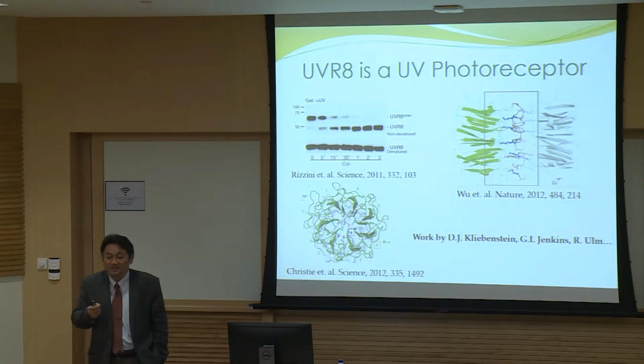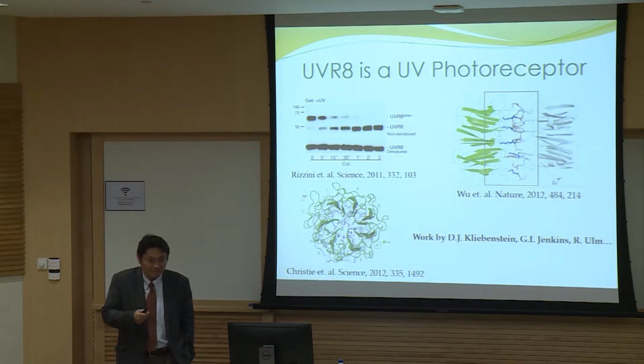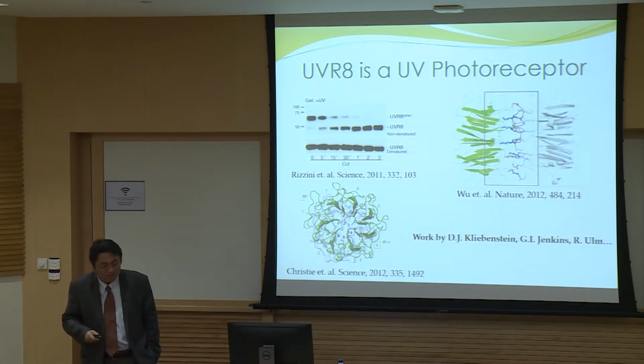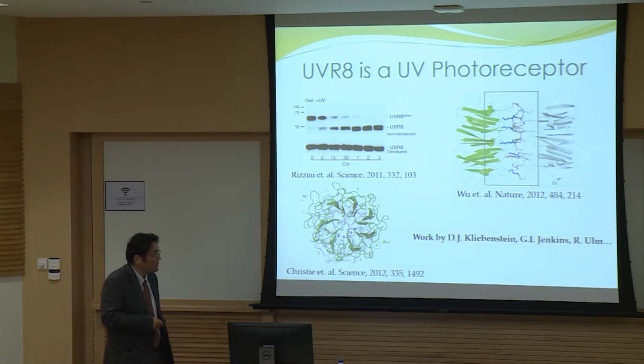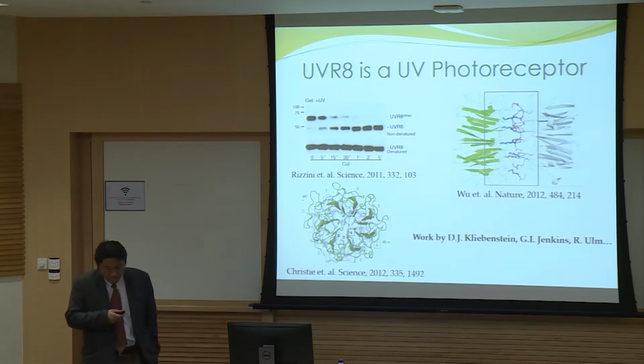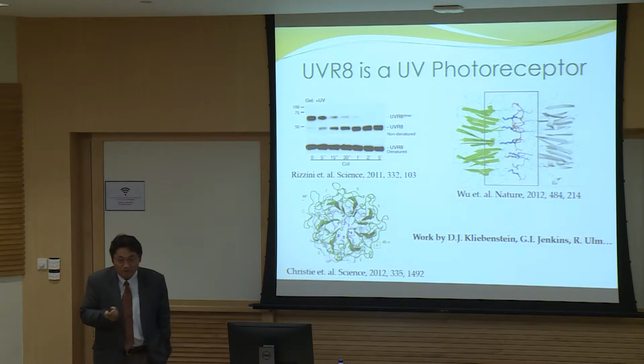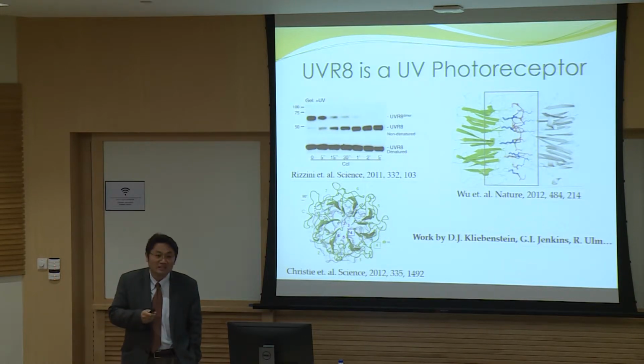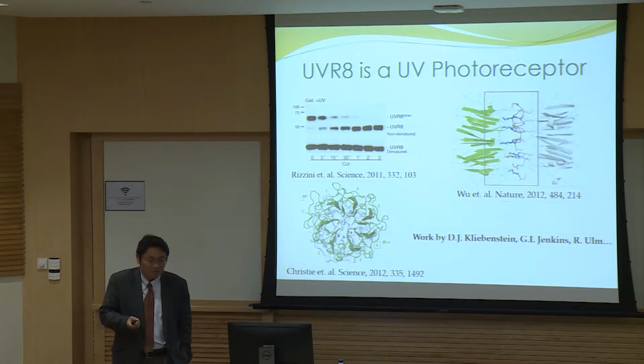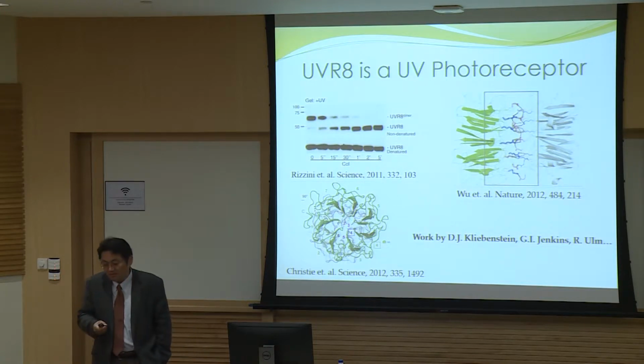If you work in the photoreceptor field, you must get a structure, and then you understand the photoreaction pathways. So when we saw this structure, we got very excited because this photoreceptor has no chromophore. A red photoreceptor has the bilin chromophore, and a blue photoreceptor has the flavin.